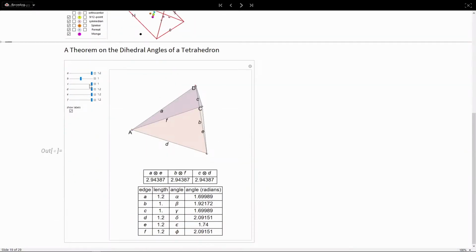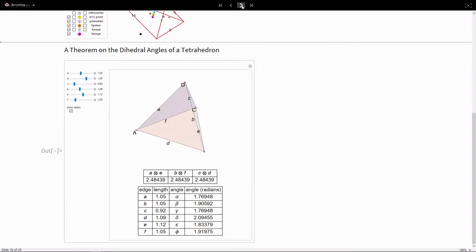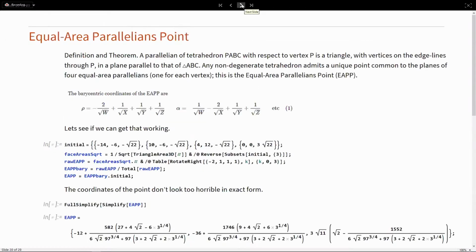And here's the theorem in action. As you adjust the tetrahedron, the dihedral constant of the tetrahedron is always the same. Another point which is shown to exist in the tetrahedron is parallelions point.